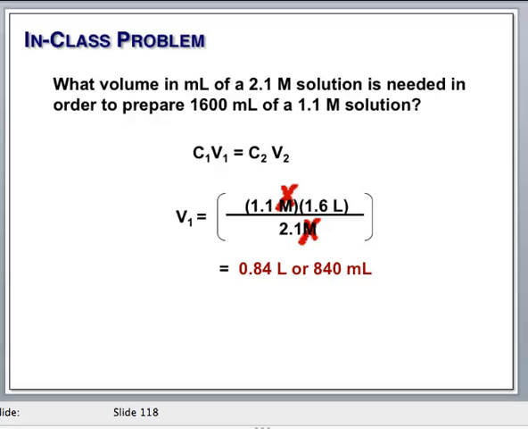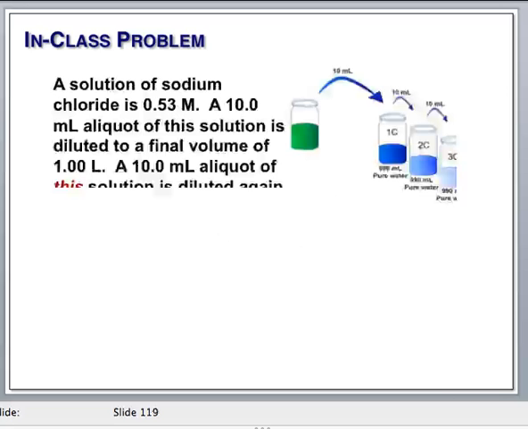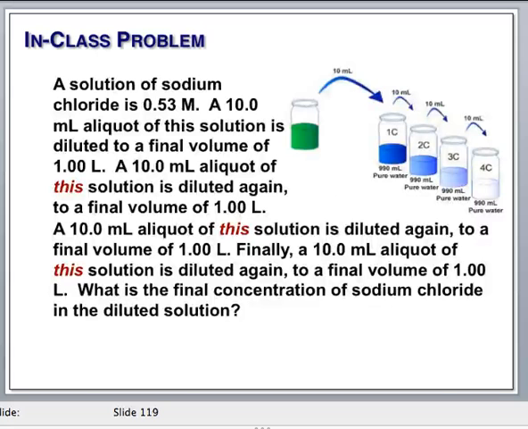All right, when we started all of this, I had this little dilution scheme up on the opening slide. What you're doing in this dilution scheme is taking a stock solution. We're taking 10 mL out of it and adding 990 mL of water. Mix it up, and we get our first solution.